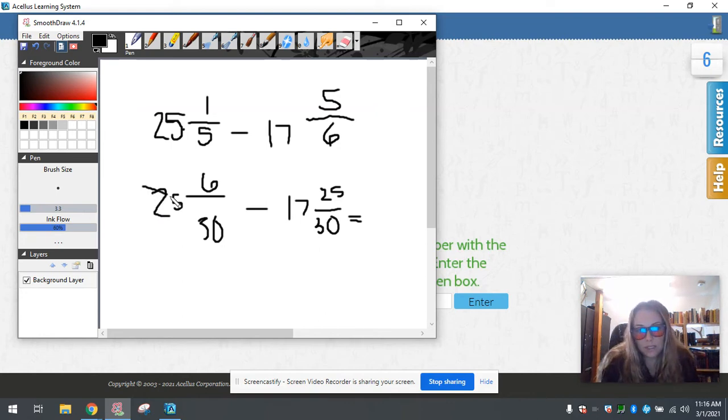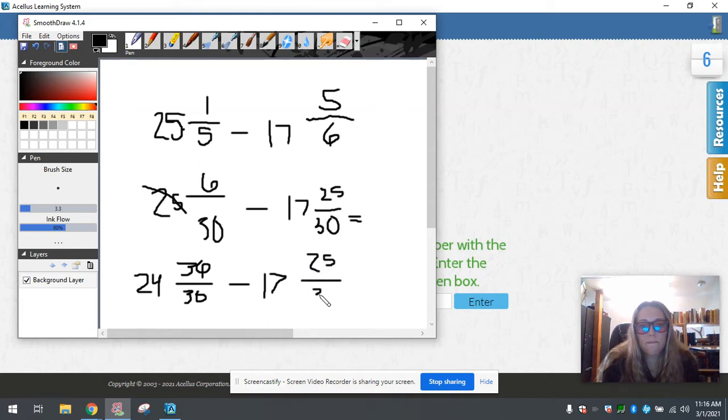So when I take 1 away from here, I get 30 that I can add to my numerator. So then I have 36 over 30. And we want this improper fraction so that we can subtract this fraction from it. Okay, so I subtract my whole numbers. 24 minus 17 would be 7.